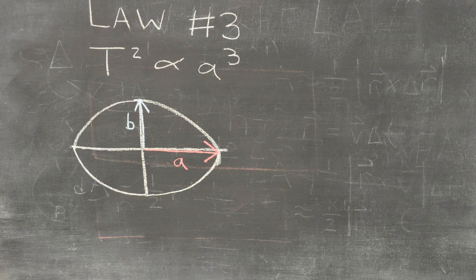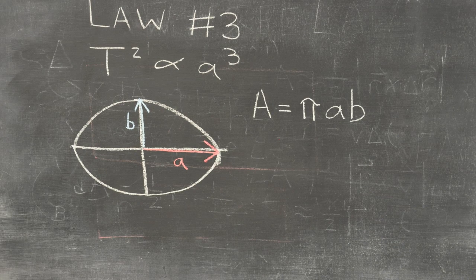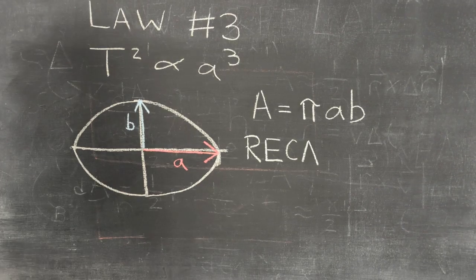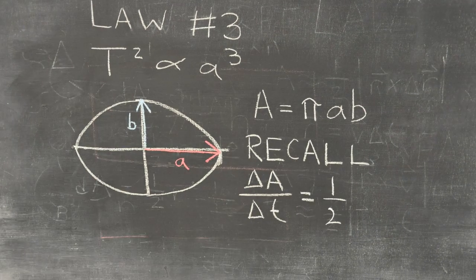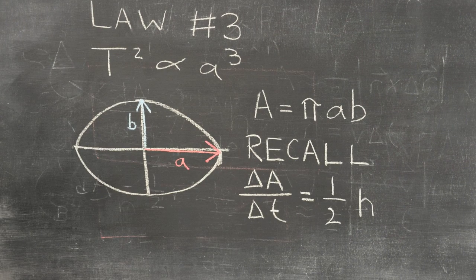We are going to prove this law in steps. So let's first remember that the area of an ellipse is given by pi ab, where a and b are the semi-major and minor axes, respectively. Let us also recall our proof of the second law, in which the change in area over a change in time is equal to 1/2 h.